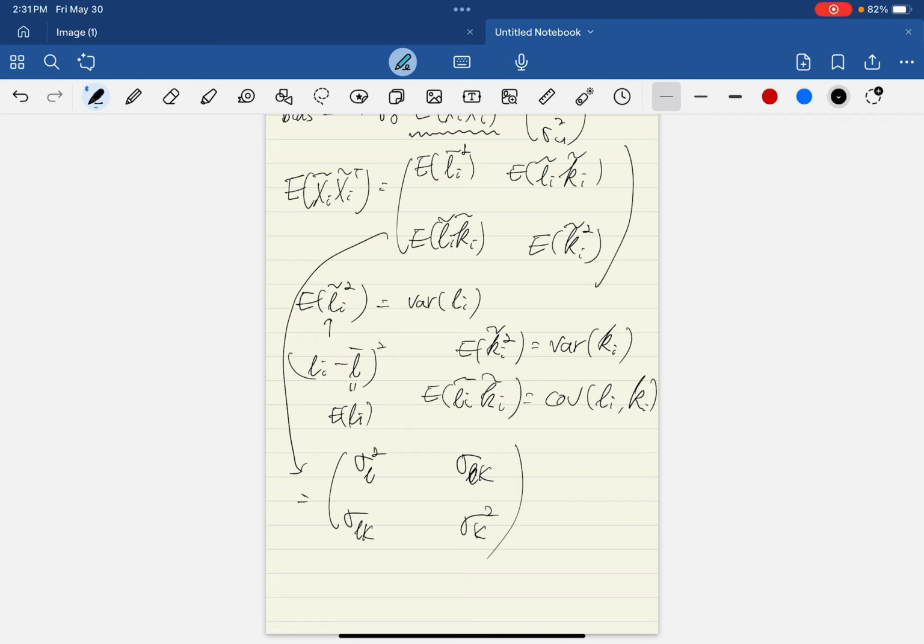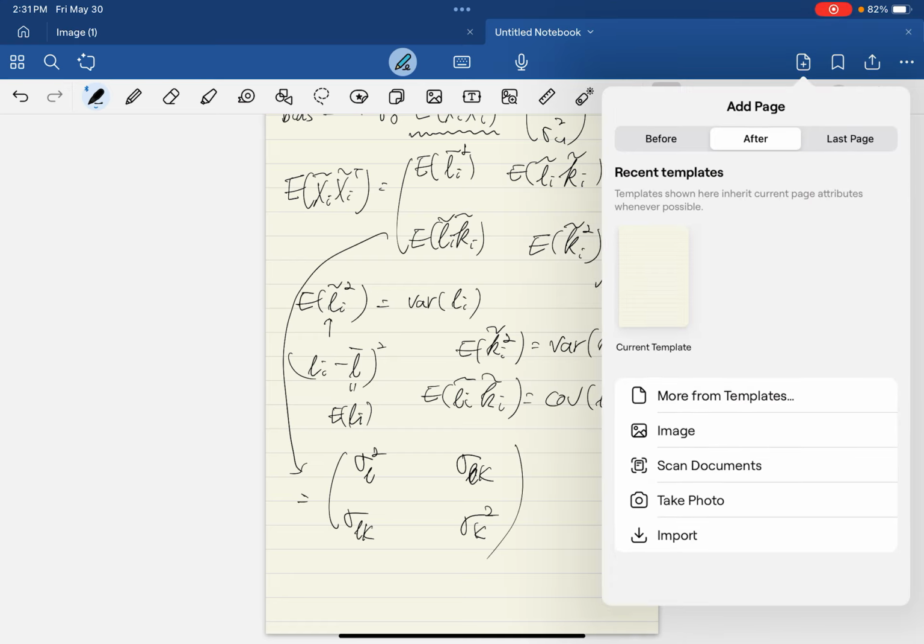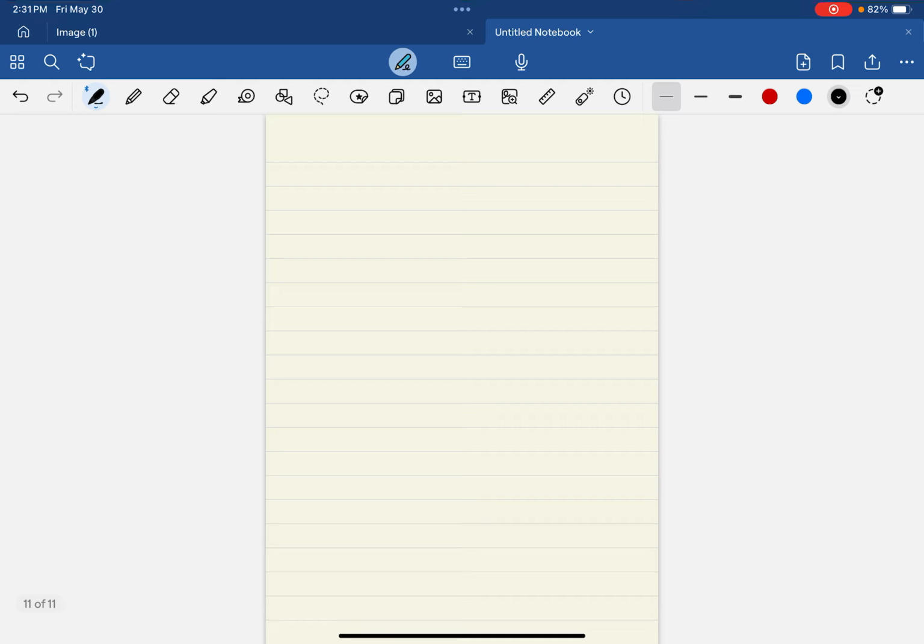Its inverse takes the form of 1 over sigma L squared sigma K squared minus sigma LK squared in the denominator, and then sigma K squared, minus sigma LK, minus sigma LK, sigma L squared.